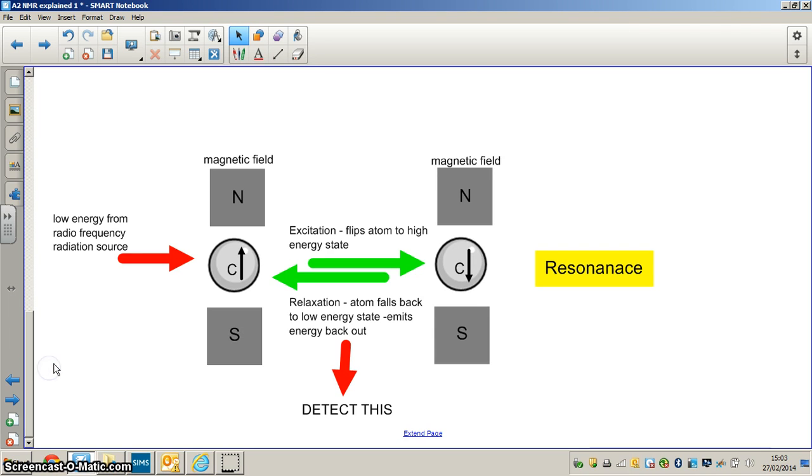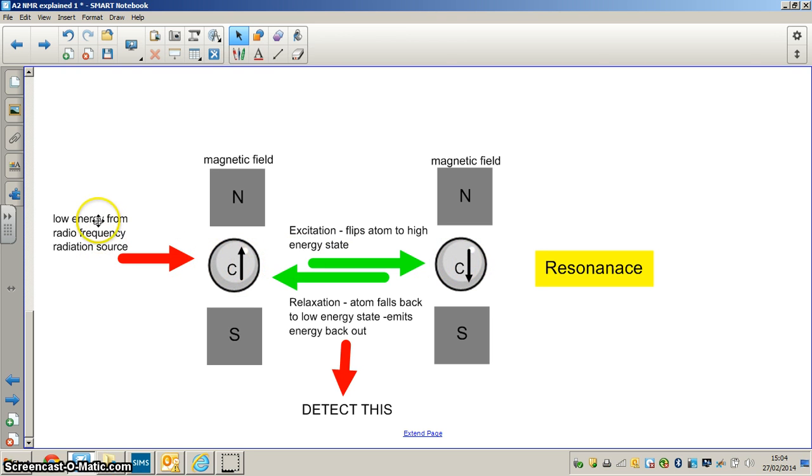Well, if we give some low energy radio waves, in other words a low energy source from radio waves, to carbon atoms whose magnetism lines up with the magnetic field, we can effectively get the magnetic field of the carbon atom to flip into a high energy state.